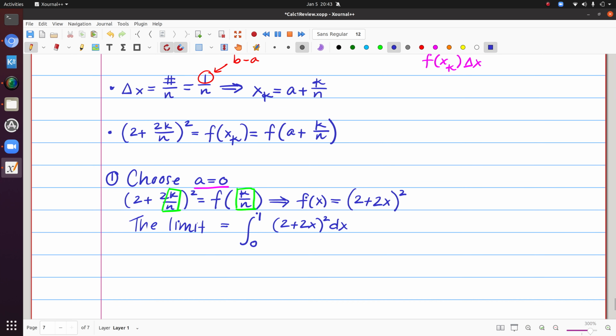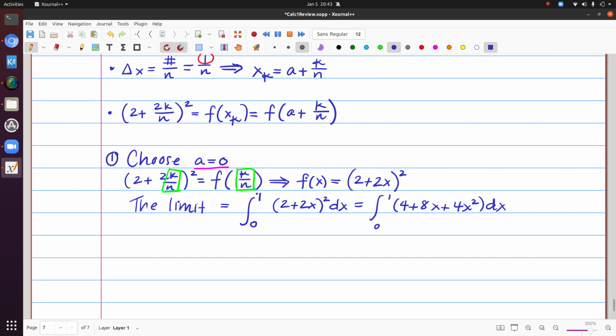So if I want to evaluate this limit, now I can use the fundamental theorem of calculus to evaluate this integral. So if we square this out, I'm going to have 4 plus 8x plus 4x squared. So using FTC, the antiderivative is 4x plus 4x squared plus 4x cubed over 3.